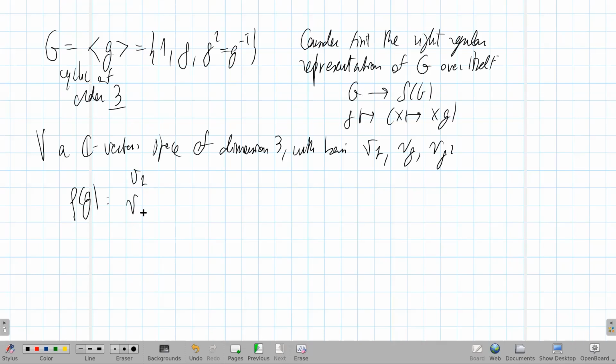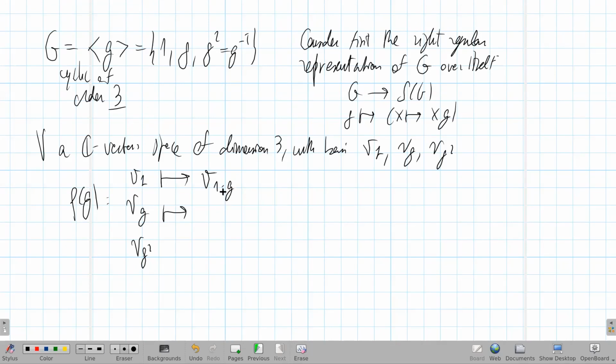Well, you take V1, Vg, and Vg squared, and you send them to V1 times g. Well, I should take the inverse, because what I'm getting here is a left action, say, but since the group is abelian, it's really the same. This is not important. In the original definition of this construction I put an inverse here, which would be perfectly correct, but for simplicity, let's do it this way.